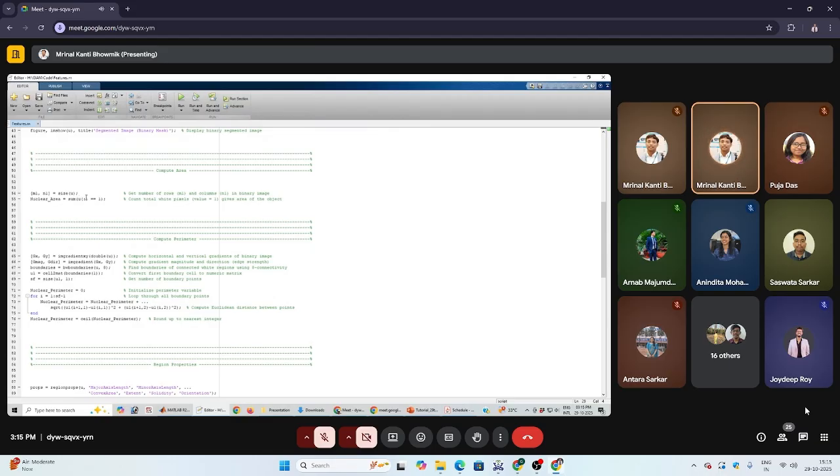From the whole image, we will calculate all the pixels whose value is 1, because in a binary image we only have zeros and ones, where 0 represents black and 1 represents white. So for our case, the segmented image is the nucleus pixels. The nucleus image is of pixel value 1.